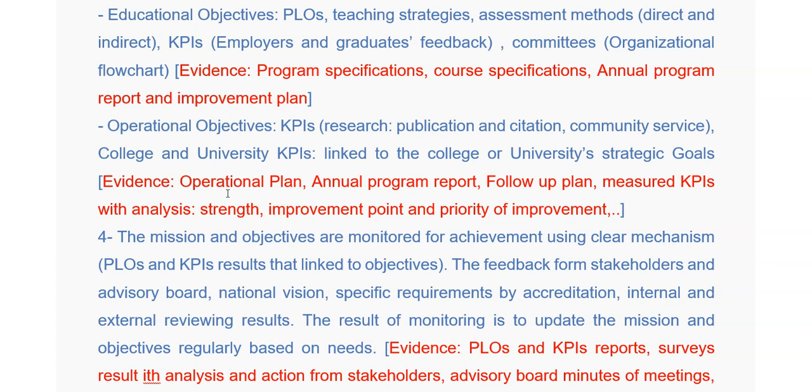KPIs about research, for example, publications and citations, community service, and the KPIs should be adopted not only from the NCAAA, but also from the college and university KPIs, to show that you are working based on these KPIs, which of course will be a part of your operational plan.